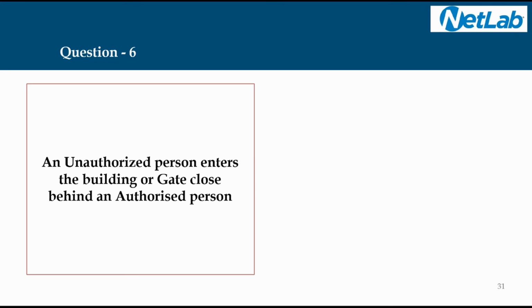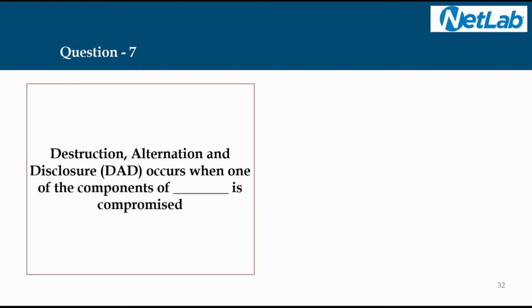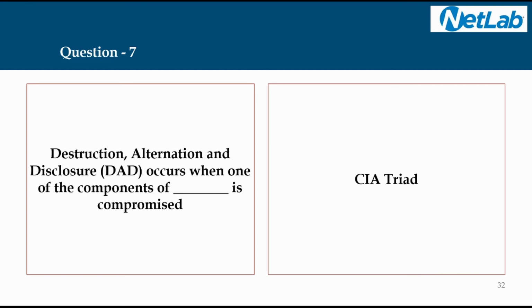An unauthorized person enters the building or gate close behind an authorized person. Tailgating. Question number 7. Destruction, alteration, and disclosure, DAD, occurs when one of the components of the CIA triad is compromised.